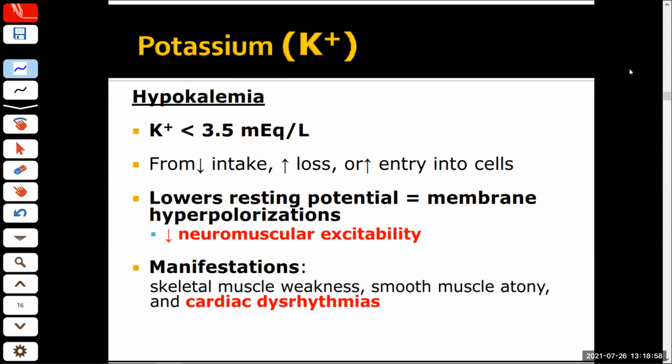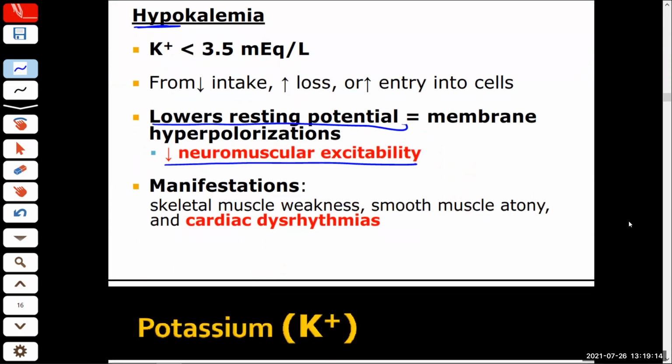But what you guys do know, hypokalemia will lower your resting potential. You drop that line. Therefore, you have decreased excitability. Now, this comes with a very important point here.